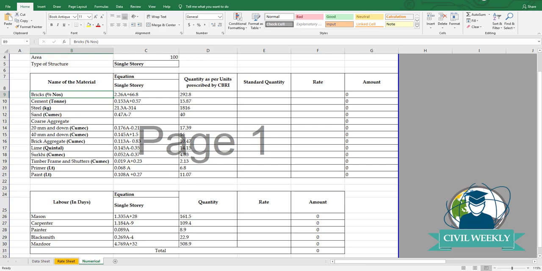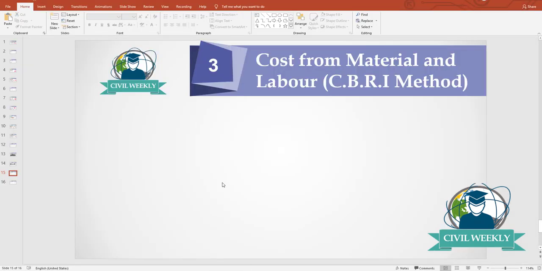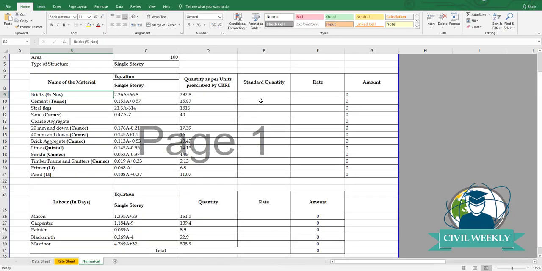How will you convert this percentage number into numbers? You'll have to multiply it by 100, so that you will get the quantity in terms of numbers. So I will multiply this by 100, and I will get 29,280 bricks which are required for a single story building.